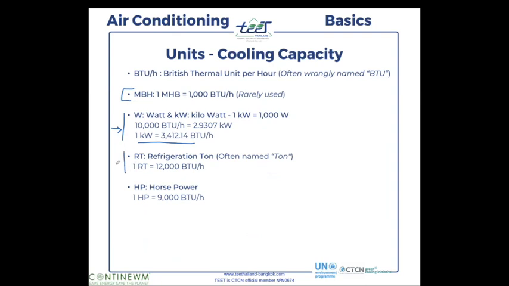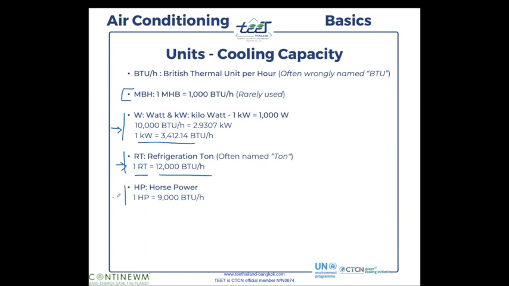Another unit to say the same thing is the refrigeration ton. Some countries call it RT, some call it TR, some call it T. They are the same thing, a refrigeration ton. Okay, and 1 ton, 1 RT is 12,000 BTU per hour. So you can play the game and convert every cooling capacity in every unit you want.